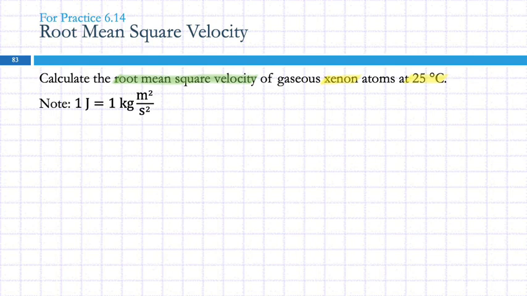So that's the equation we just learned about, where the root mean square velocity is equal to the square root of 3 times R times T divided by the molar mass in kilograms per mole. We're given a temperature, 25 degrees Celsius, that we need to convert to Kelvin.